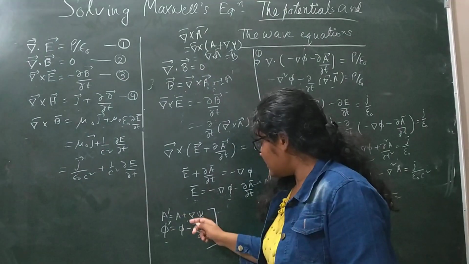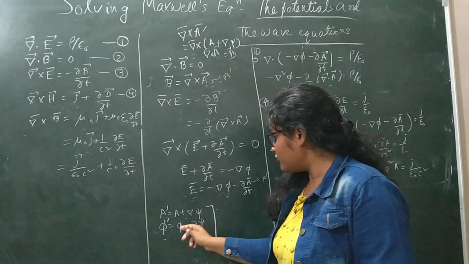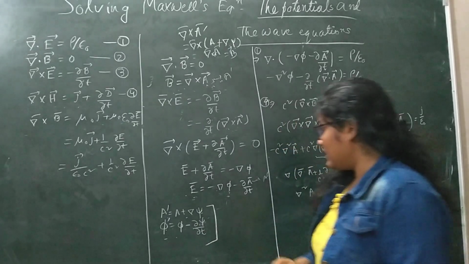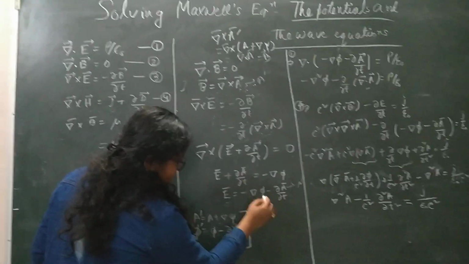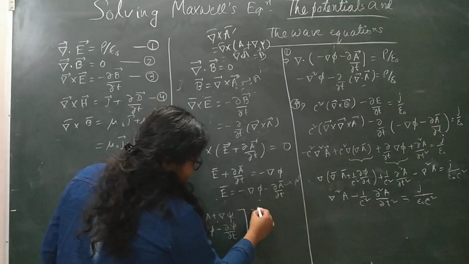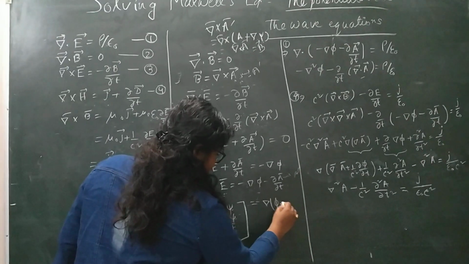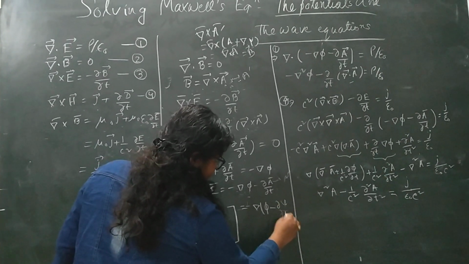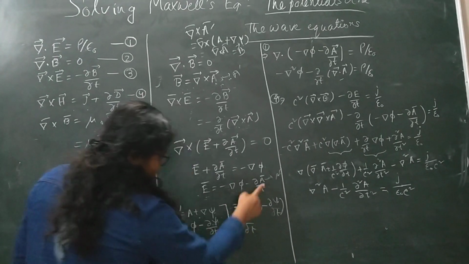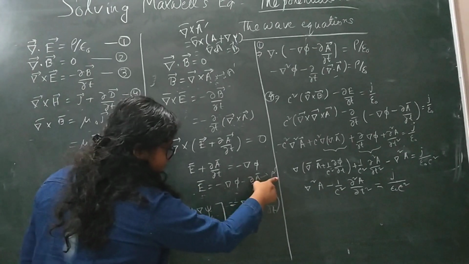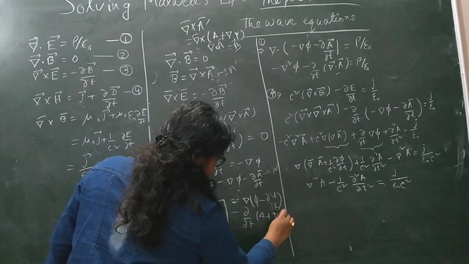So you should change phi accordingly, and that change will be phi prime equals phi minus del psi by del t. So if you put it into E equals minus grad phi minus del A by del t, in place of phi you put phi prime, that is phi minus del psi by del t, and in place of A you put A prime, which will be A plus grad psi.